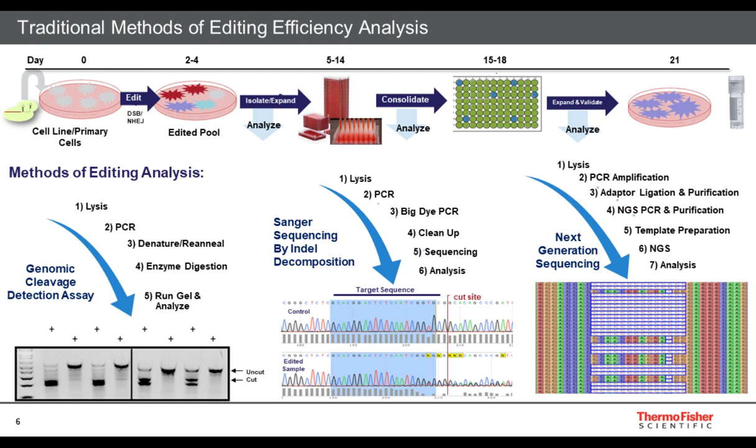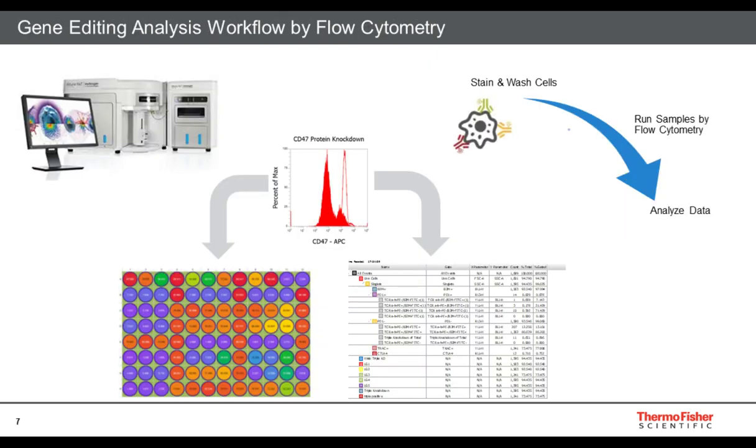So I'd like to propose and suggest in many cases another appropriate method to do this would be to use flow cytometry. So now compare this workflow. If you're already growing your cells in the cell culture, really to analyze your editing efficiency using flow cytometry, you just need a validated antibody, in which case you just stain and wash your cells, and then you can run your samples by flow cytometry and analyze your data.